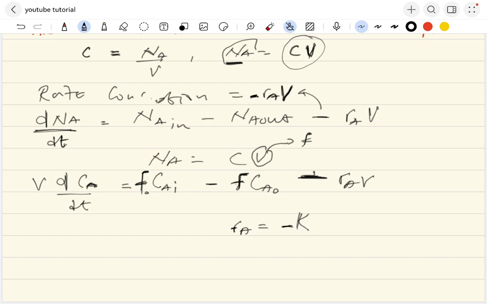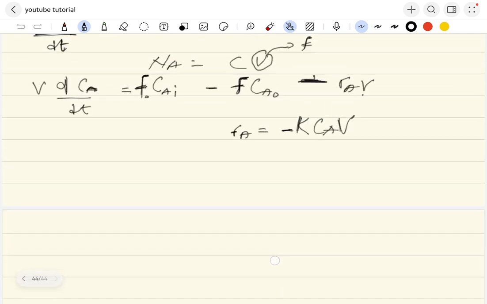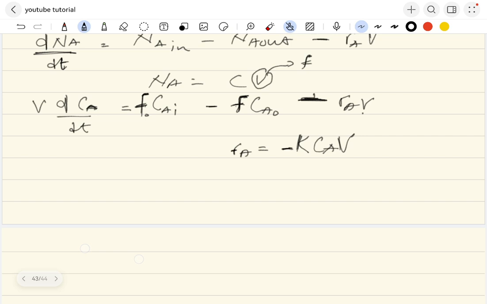So for instance, if it is first order, it will be minus K CA and the volume. So now our general mole balance will be V dCA/dt, which is simple F naught CAI minus F CA naught minus K CAV.